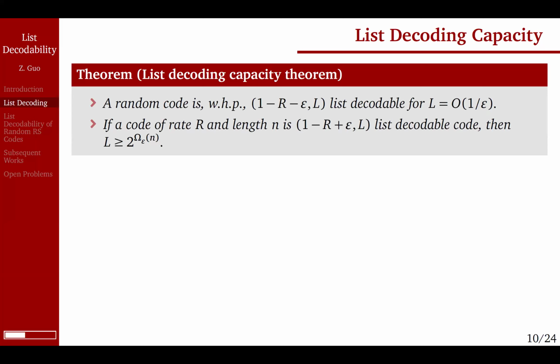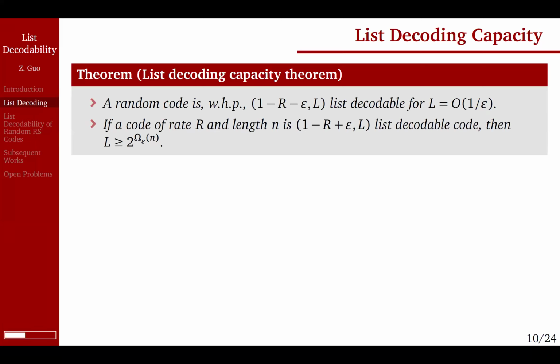So 1 minus R is the threshold. I'll mention this assumes the field size Q is large enough, like at least 2 to the 1 over epsilon. For a Boolean code, for example, this does not hold right now, so I'm implicitly assuming Q is large.